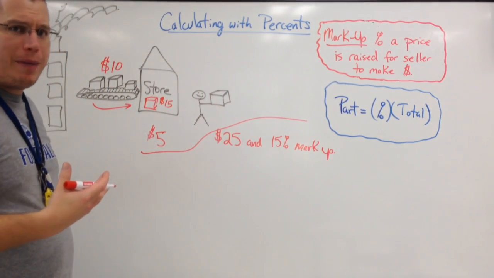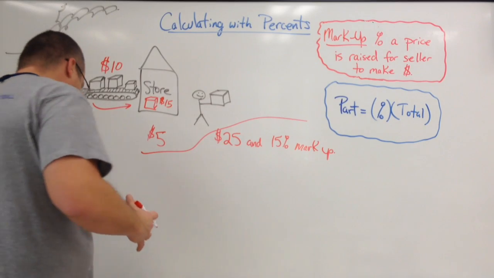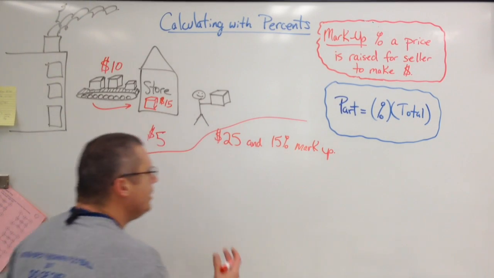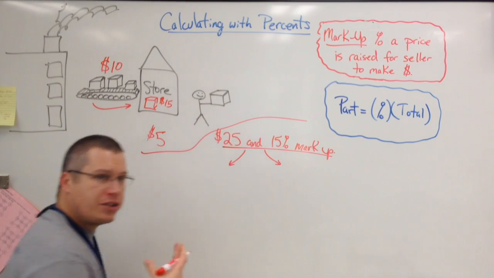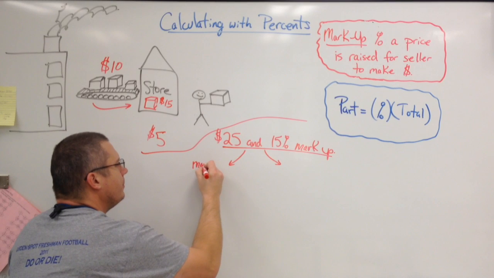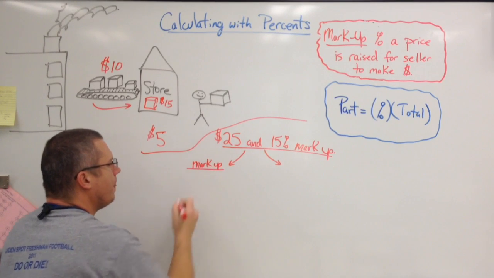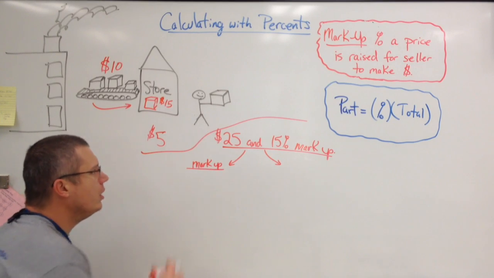What is the new cost of the item going to be? Well, let me back up here a second. This could be split into two questions. So let's go ahead and split it. One, what is the markup? Okay, I can use my percent and total.